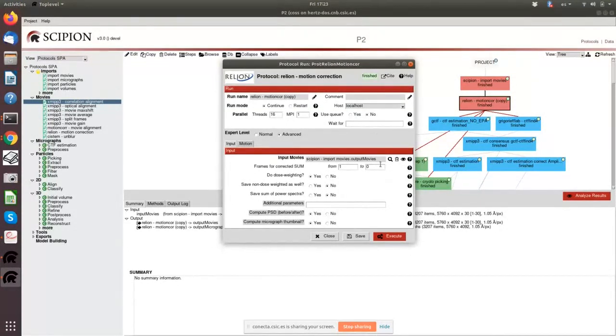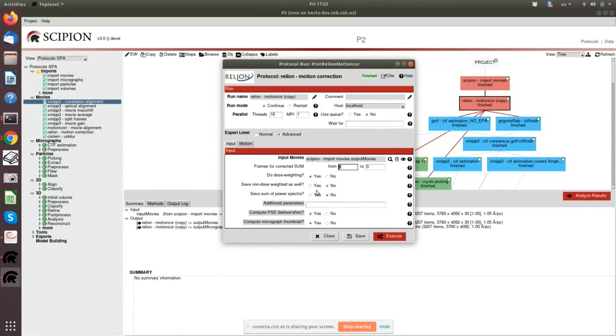So for instance, if you know that your last frames have dose damage, you may say here to only compute the micrograph from 1 to 10 or from 1 to 20, those frames that you trust, and then the remaining from 20 to the end will not be summed.